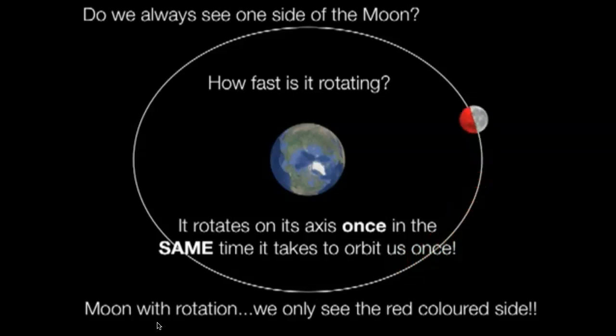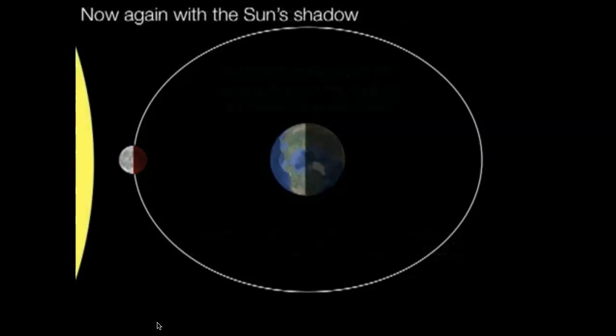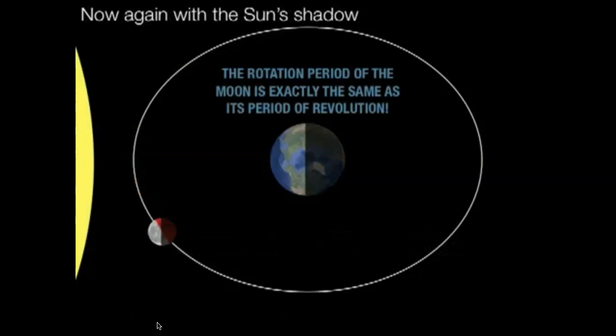The rotation and the revolution of the moon are synchronized such that one half of the moon is always facing toward the Earth and one half of the moon is always facing away from the Earth. The rotational period and the period of revolution are the same. Meaning what? What is period?